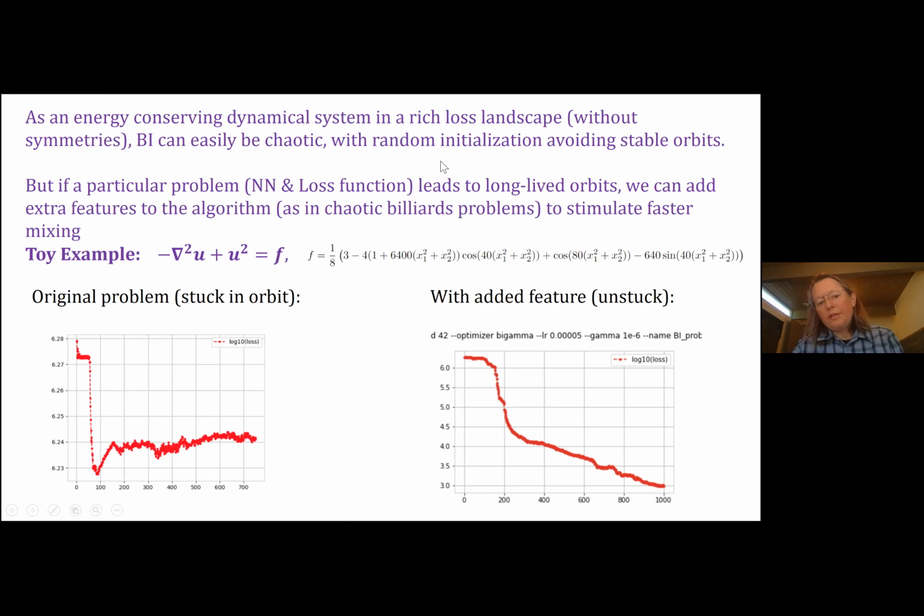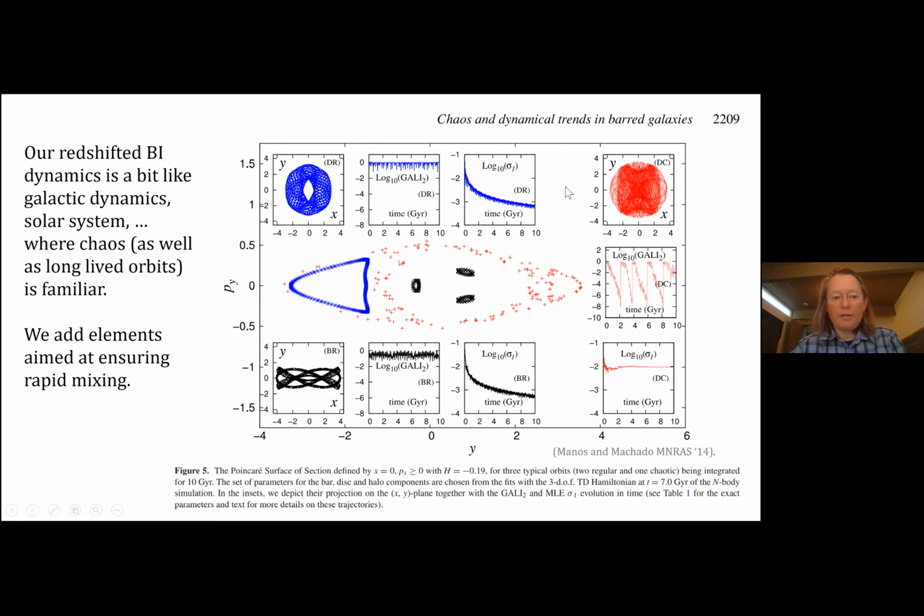But since the more chaotic dynamics is the more generic thing, if you add some features to get the trajectory to diverge, and I'll be very explicit about that shortly, you can see that that does unstick it. Okay, just a little more context. This kind of thing arises in physics in another way.